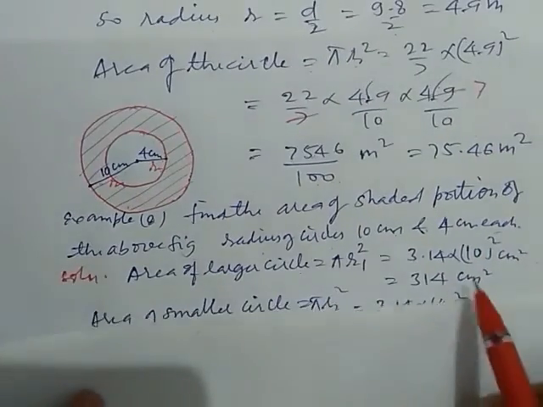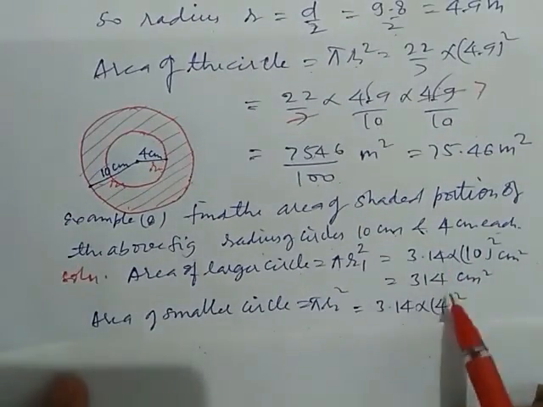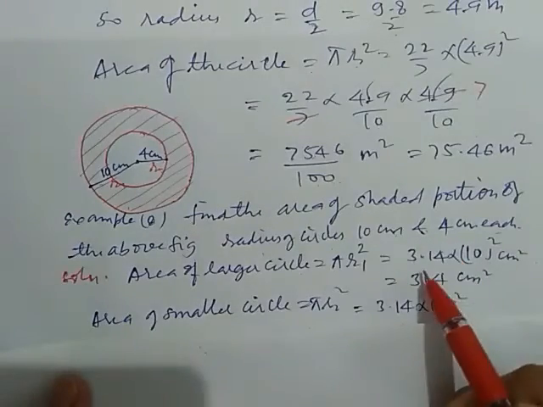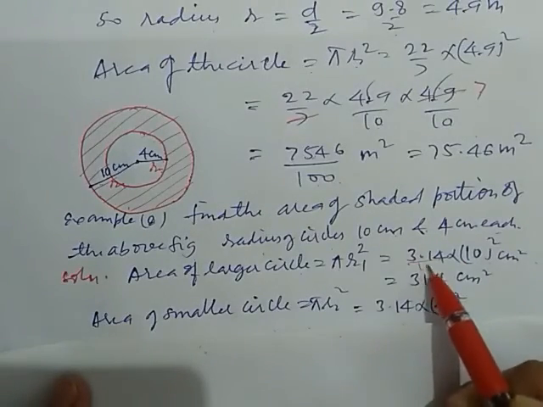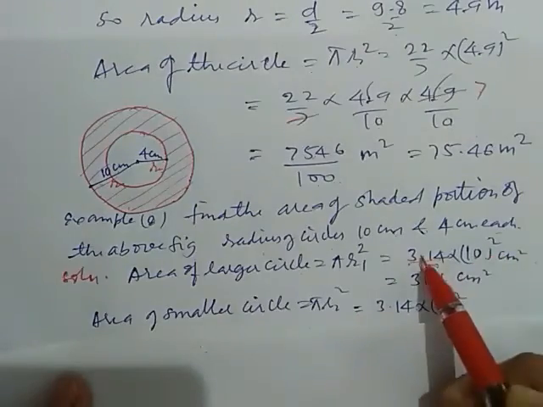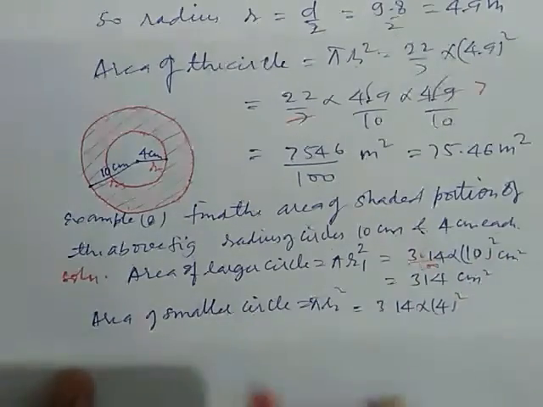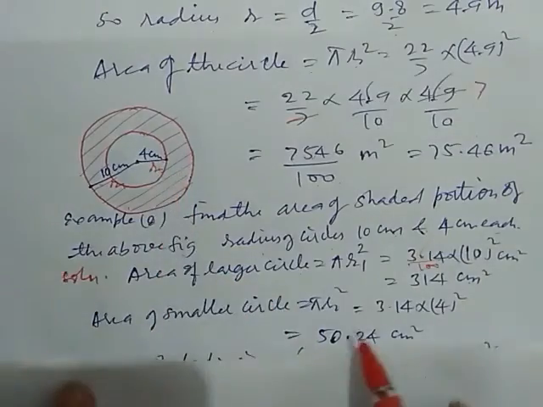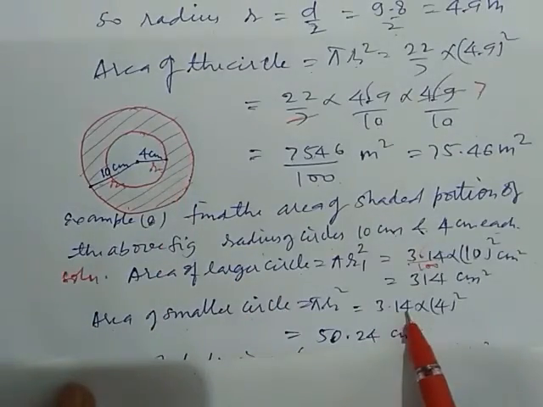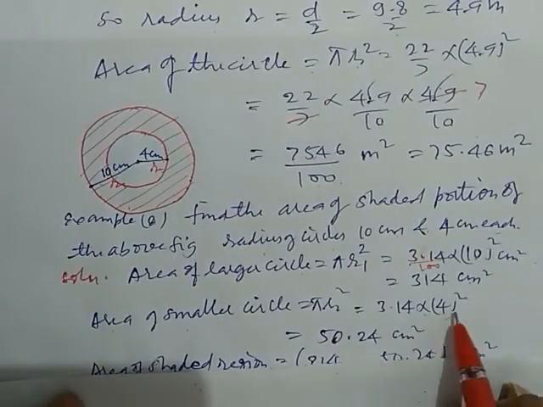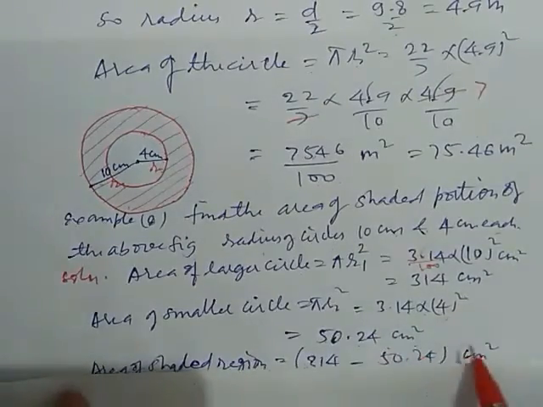When we remove this decimal, here is the 100, and square of 10 is 100. So this 100 is cancelled out by this and we get 314 centimeter square. Now area of the smaller circle is pi r2 square. 3.14 into r2 is 4, so square of 4. By solving this we get 50.24 centimeter square.